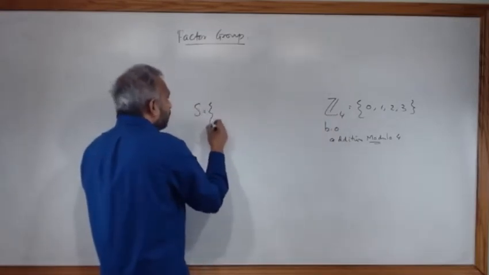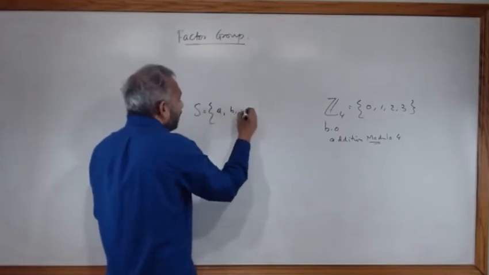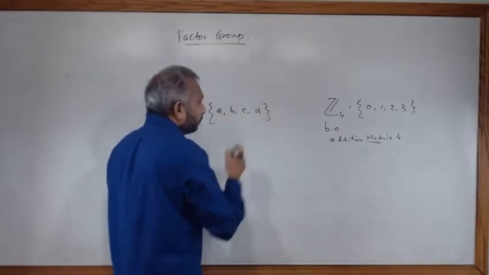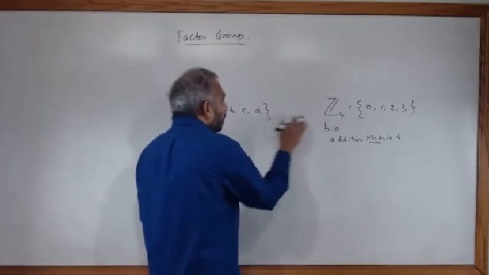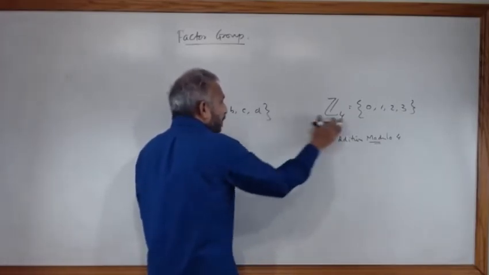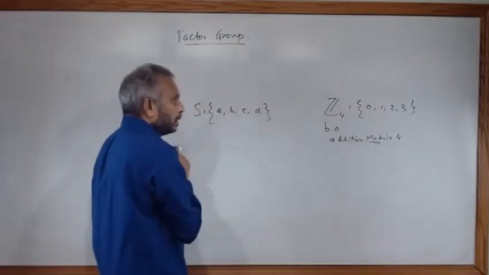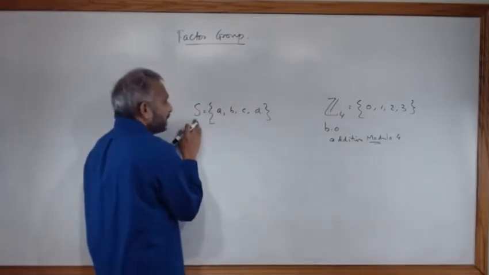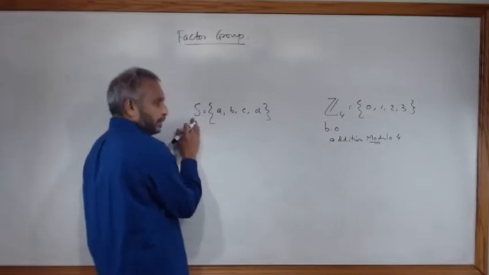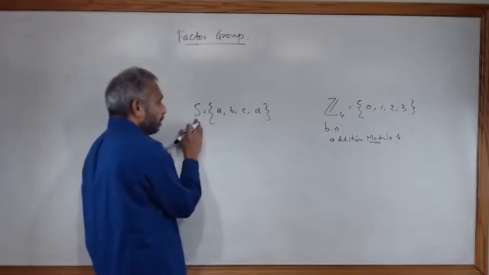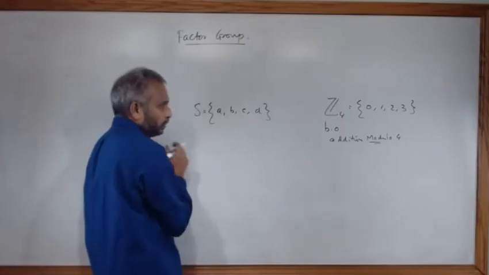This set has 4 elements: A, B, C, D. Even though S and Z4 have the same number of elements, we cannot say that S is a group because there is no structure defined here. We need to have a binary operation with some rules.